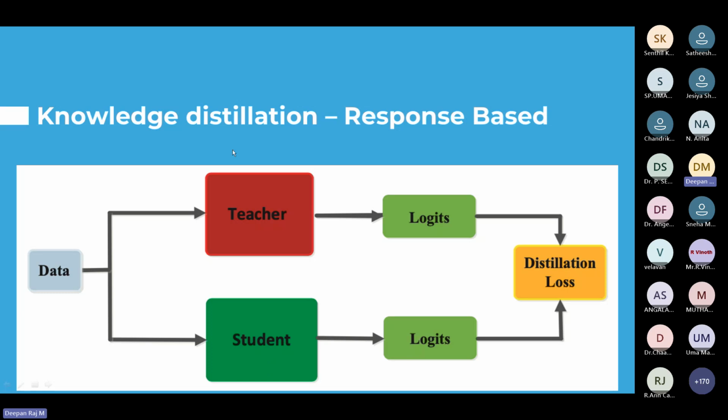This additional distillation loss will train the student network in a much more focused way, creating a more focused direction so that the model can become as good as the teacher network. Okay, so that's the idea behind knowledge distillation.